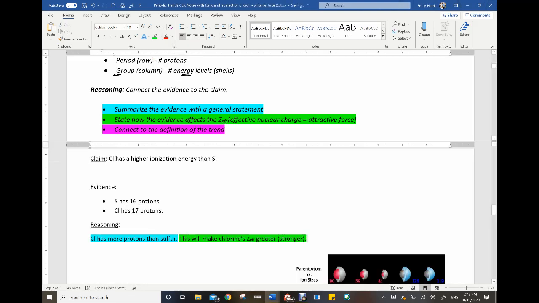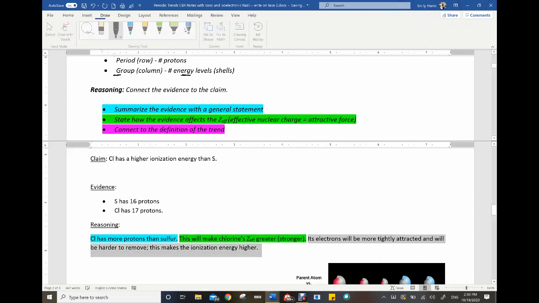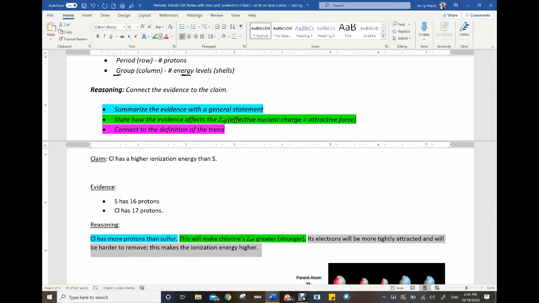Now we need to connect this back to energy. So if chlorine has a stronger effective nuclear charge, its electrons will be more tightly attracted and will be harder to remove. This makes the ionization energy higher. So again, we're showing that we understand what ionization energy means and how it relates to differing numbers of protons.